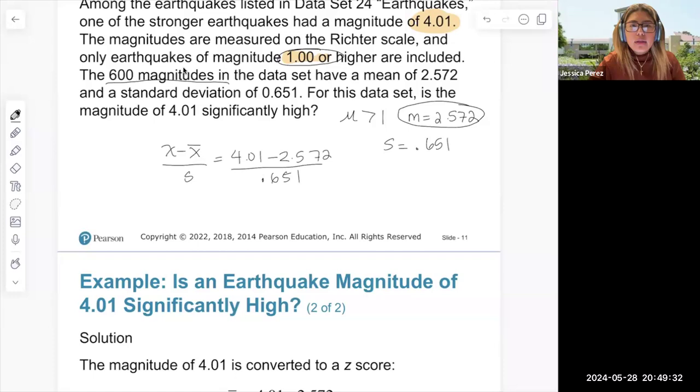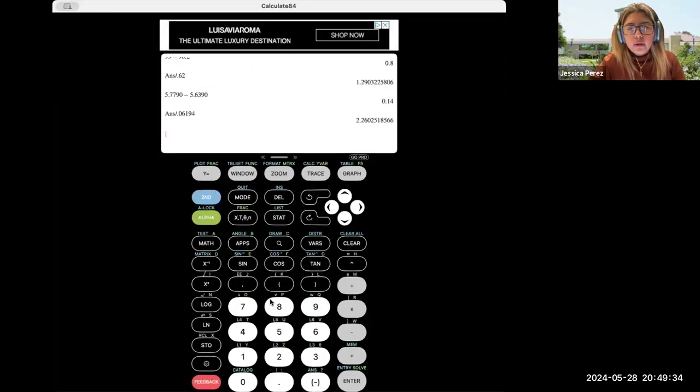I'm going to punch 4.01, the value that's given, minus 2.572, the sample mean. Let's find that first, and then we take that number and divide it by 0.651, which is 2.20, which is greater than 2. So this is significantly high.